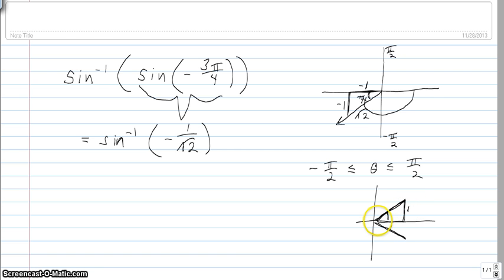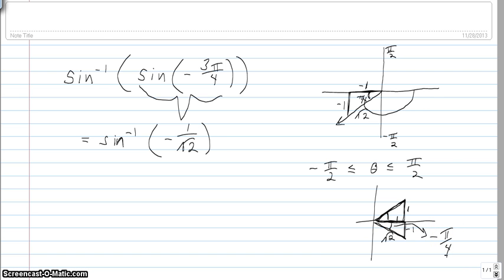So whatever I find my inverse sine to be, it's got to be in quadrant 4, because if I want the angle whose sine is minus 1 over root 2, that means my opposite is negative 1, my hypotenuse is root 2, and the adjacent side is 1. So this angle right here must be minus pi over 4.